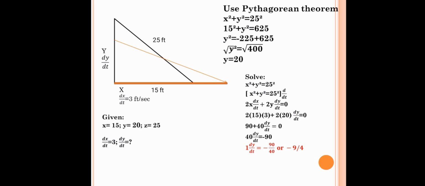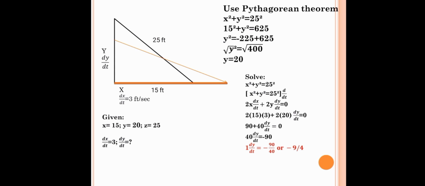Since we are looking for the rate of change at this point, simplify the values we have. 2 times 15 times 3 is 90 plus 2 times 20 is 40 times dy over dt is equal to 0.